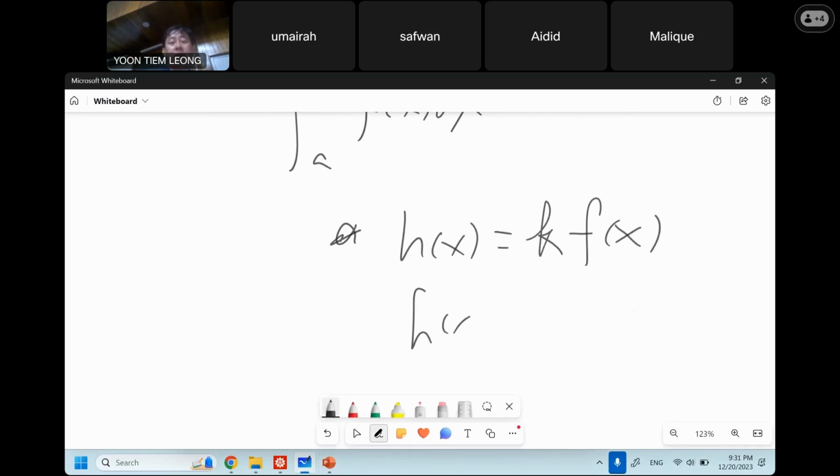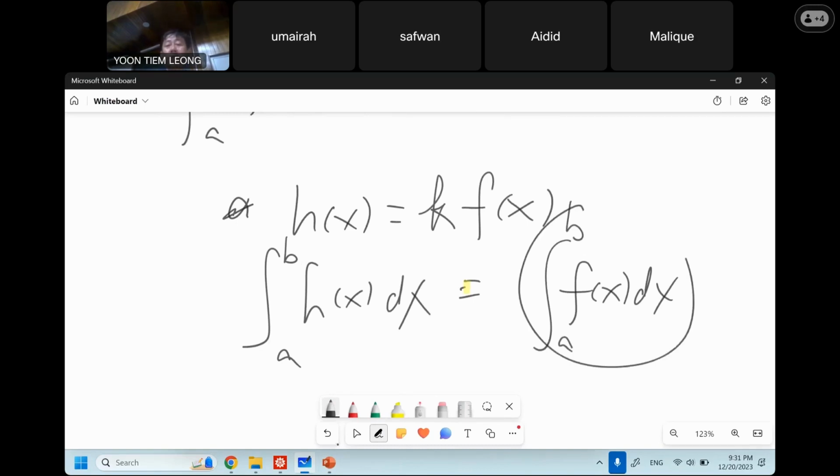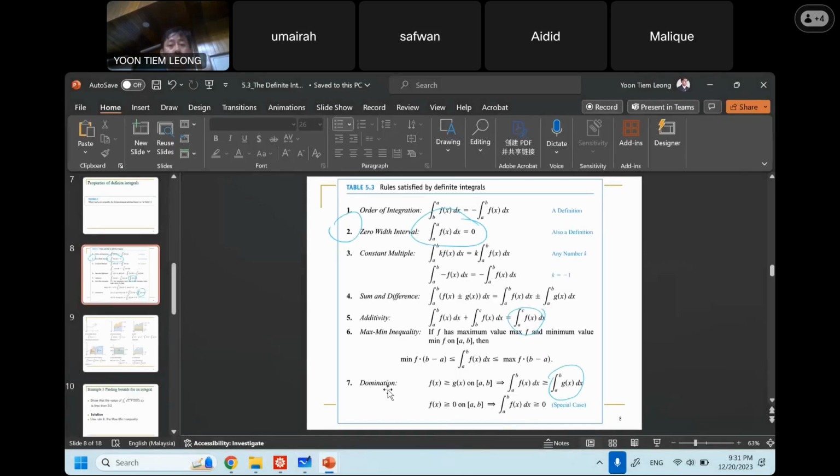Then you ask what is the value of the definite integral for the function h from a to b. It turns out that according to the rule, the integration of the function h from a to b is simply equal to the value of the definite integral for f from a to b multiplied with the constant k. So this is what the rule was saying.